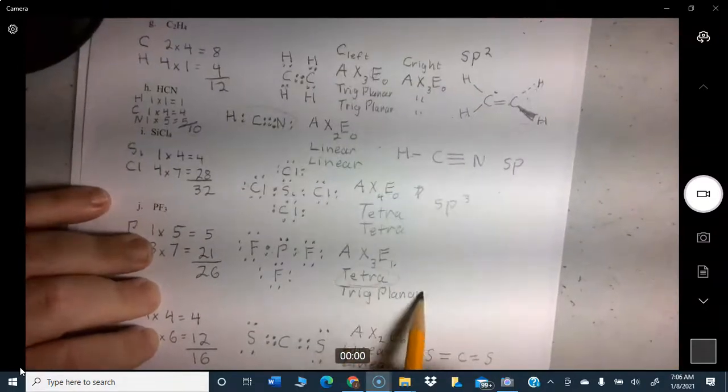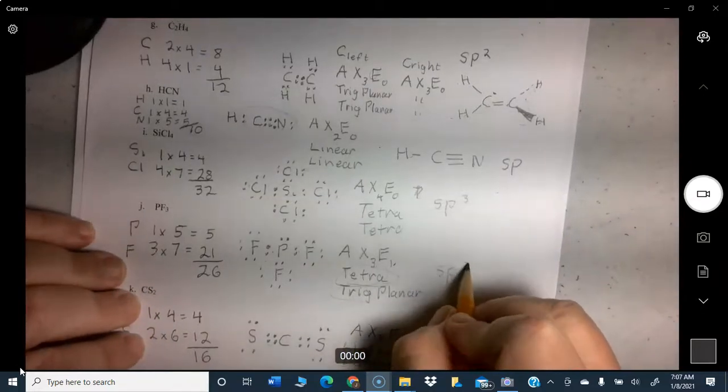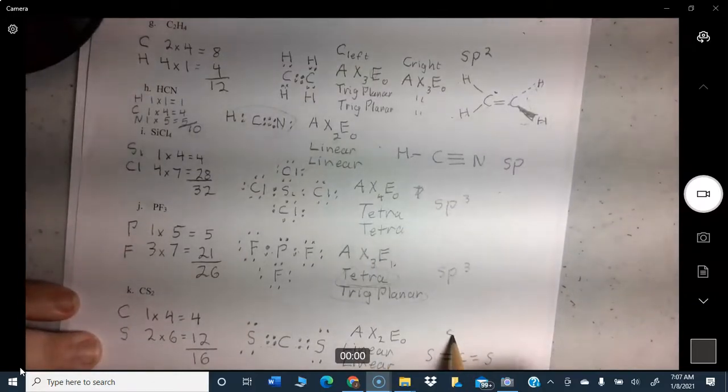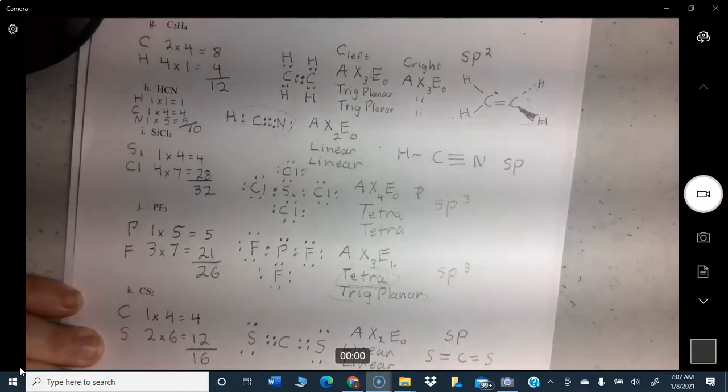It's the family, not the specific shape, that determines the hybridization. It's sp3. Okay, linear. That's AX2. So that's sp. Okay, this one is tetrahedral. That's going to be sp3. And the family for this one is trigonal bipyramidal.